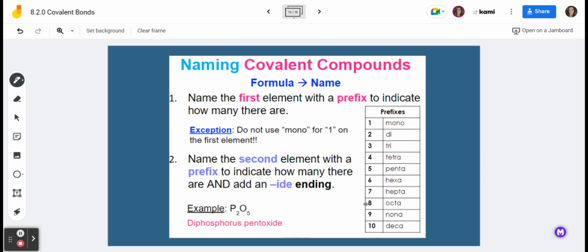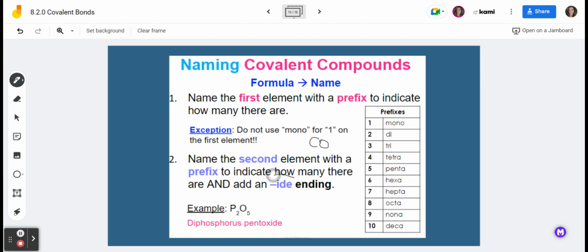And this is going to be binary, meaning there are 2 elements. So the only thing is you do not use mono for 1 on the first element. For example, CO is actually carbon monoxide, but not monocarbon monoxide. So that's just a big exception, but pretty much everything else just follows the system.